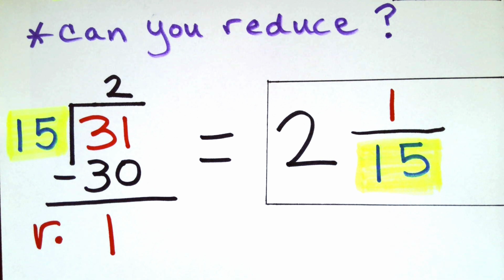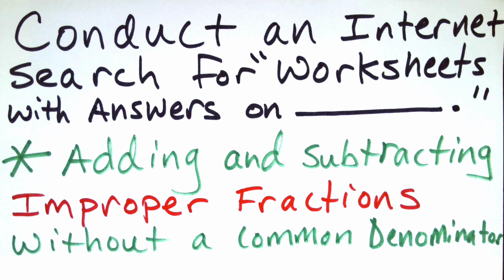And so let me give you some suggested internet search topics in order for you to continue practicing your new skills. All right, you want to keep practicing your skills with worksheets with answers. Here's some opportunities for you to practice. Conduct an internet search for worksheets with answers on the following: adding and subtracting improper fractions without a common denominator.